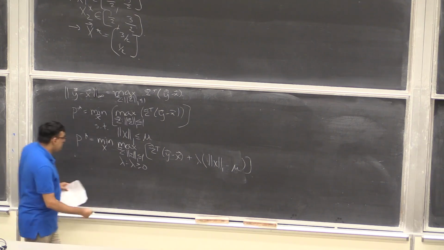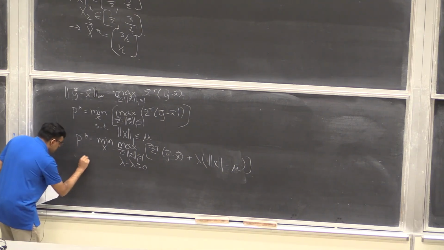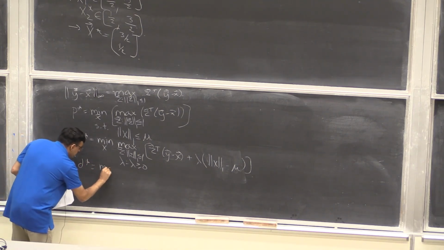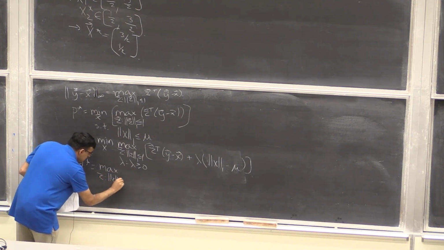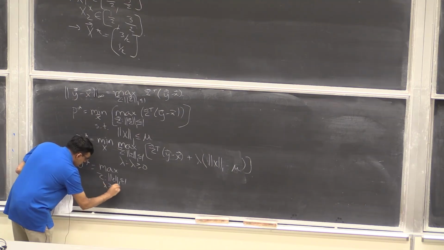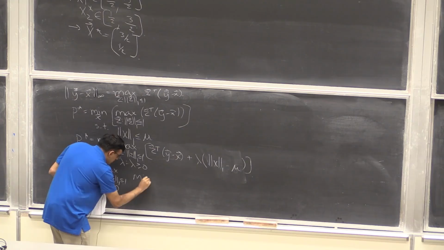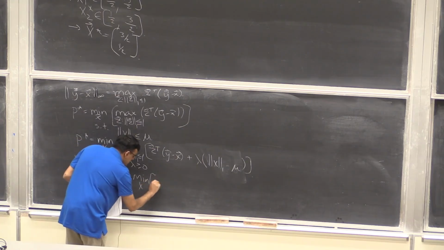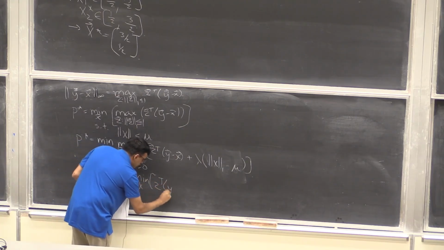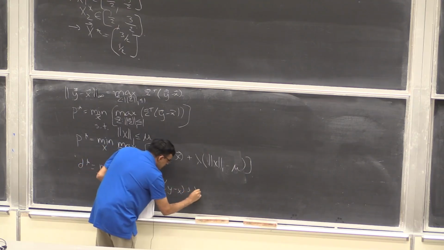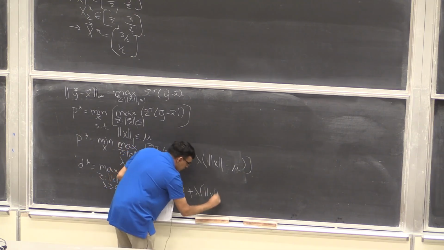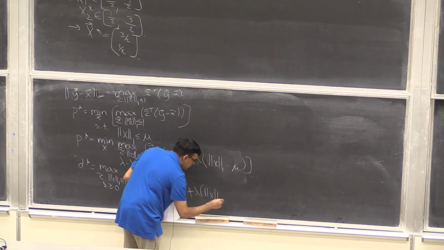Okay, so then what is the dual? We should know that d star is equal to max over z, such that the one norm of z is less than or equal to 1, and lambda greater than or equal to 0, of min over x of c transpose y minus x plus lambda times the one norm of x minus mu.